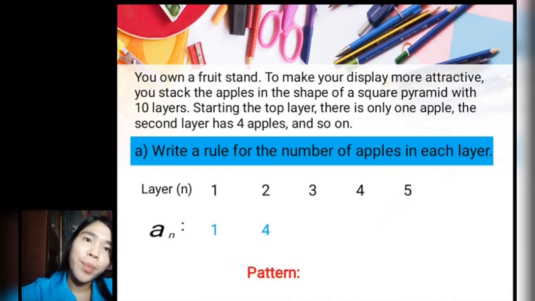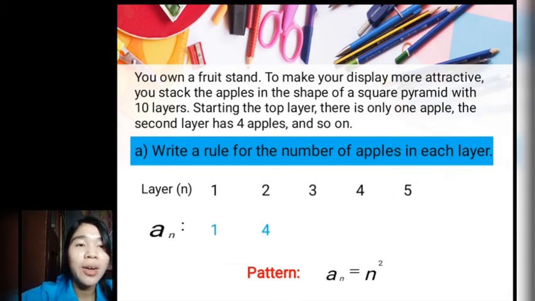So, let's look at the pattern. So, the pattern here will be a sub n is equal to n squared. So, we just square the number of the term. So, what do you think are the next terms after 1 and 4?